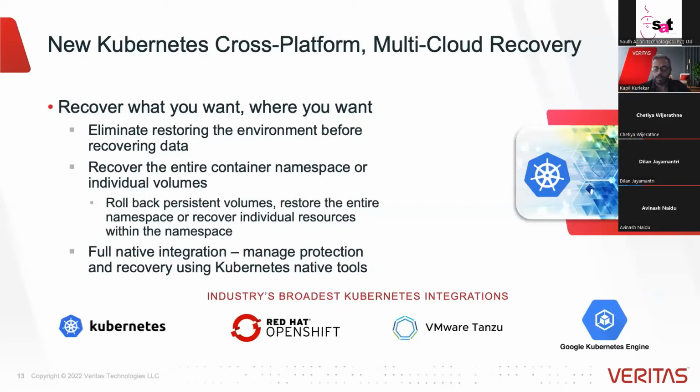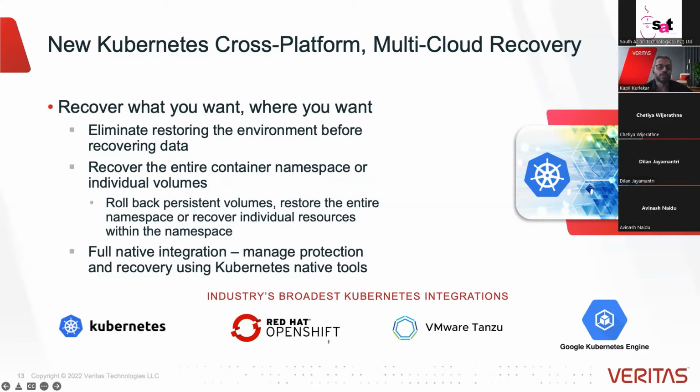Again, one of the big things that is going on around NetBackup, I mean, the team in NetBackup is obviously tied to the use cases that are happening in the outside world. Kubernetes is one of the biggest things that is happening right now. A key component of our Kubernetes data protection has been the ability to protect any distribution. Right now, Kubernetes also comes with so many distributions, right?